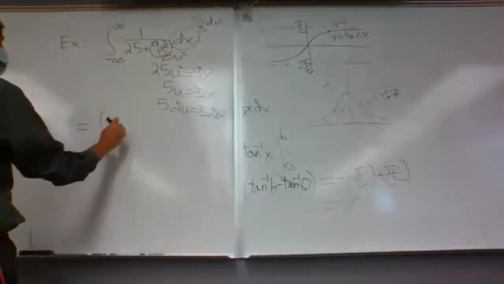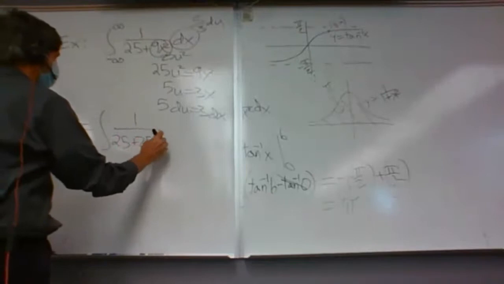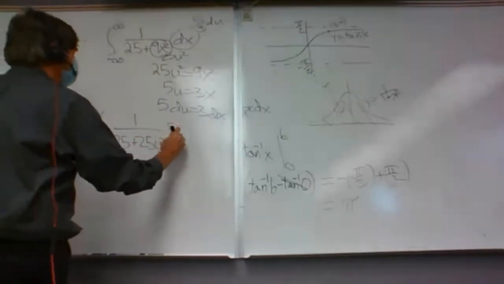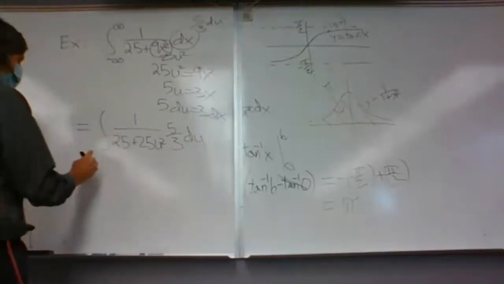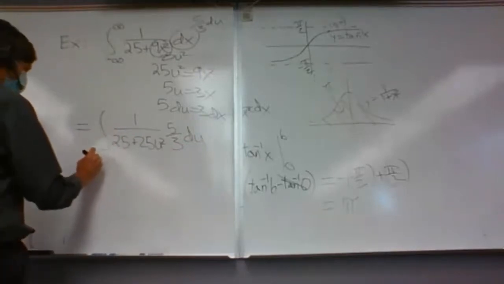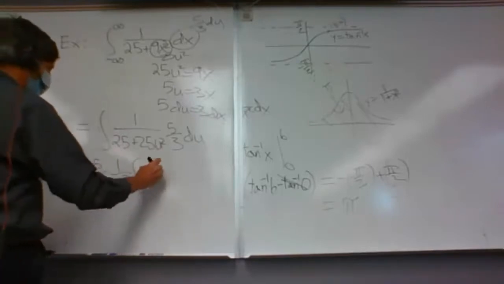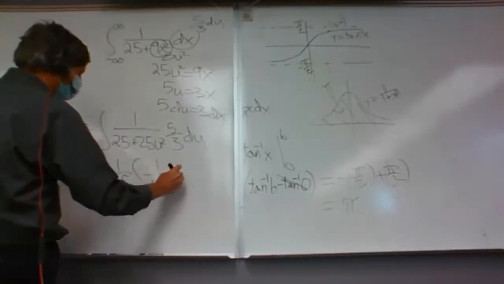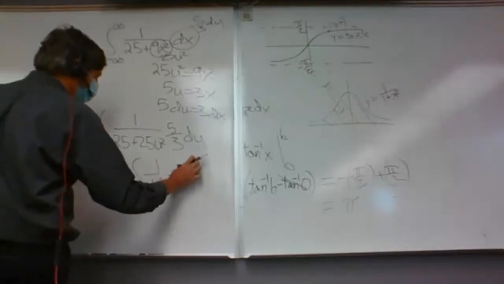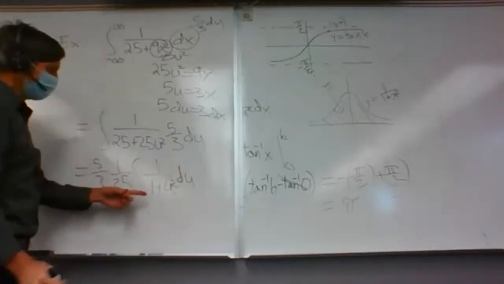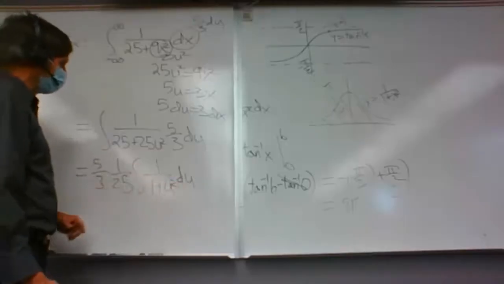And this becomes 1 over 25 plus 25u squared times 5/3 du. I pull out the constants, and I've got 1 over 1 plus u squared. We know that one, right? It's just a different variable name, but it's the same value, because it's a dummy variable. It doesn't matter.